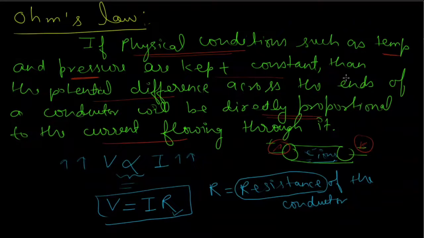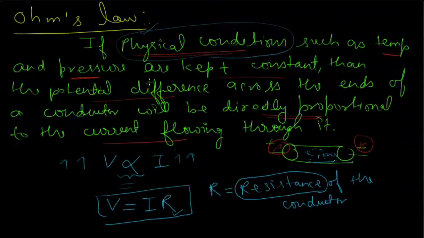Okay, but Ohm's law will be applicable only when physical conditions such as temperature and pressure remain constant. What will happen if the physical conditions are not constant and temperature and pressure are varying?